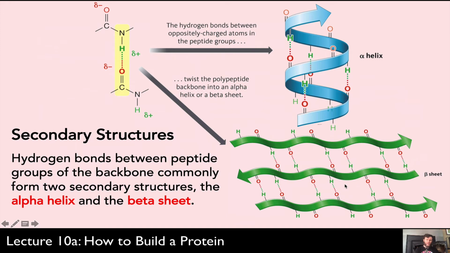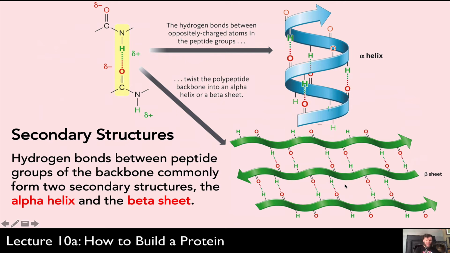And this allows for this coil or spiral to have quite a bit of stability, and they can act as sort of like the girders of a protein. They can act as long, stable girder-like structures.